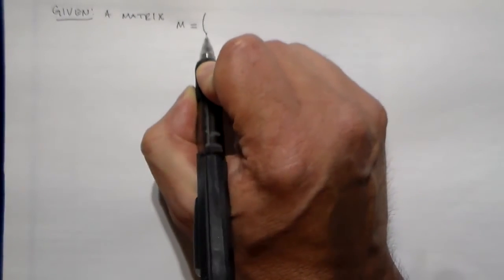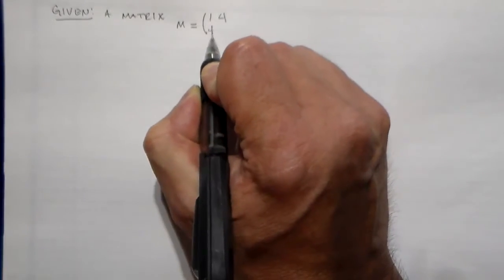I'd like to look at constructing an orthogonal matrix. All right, so let's say I've got a matrix. I'll call my matrix M. And M will look like 1, 4, 4, 1.